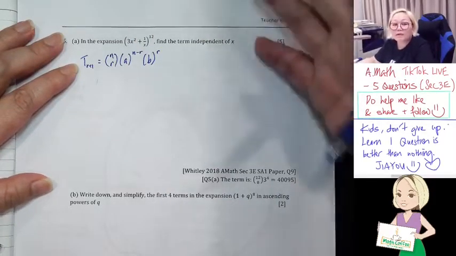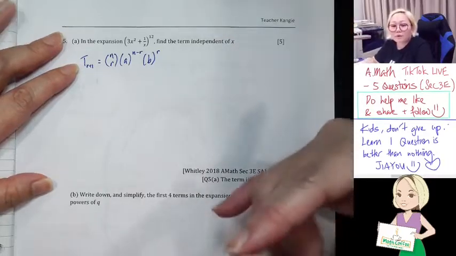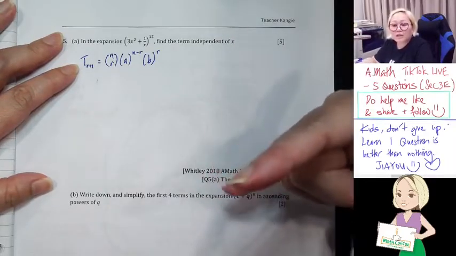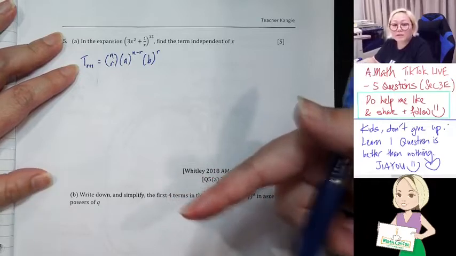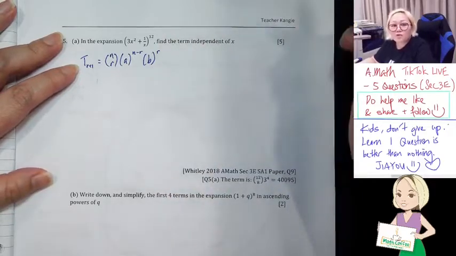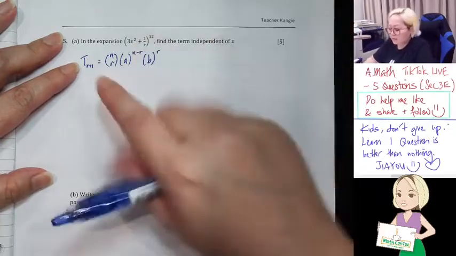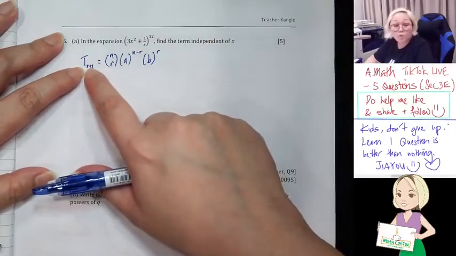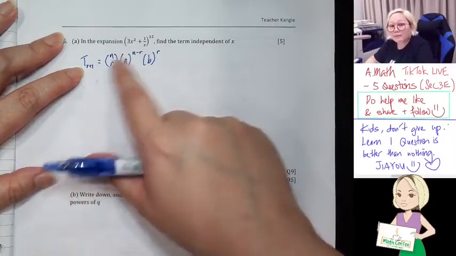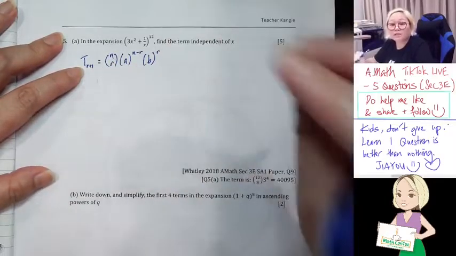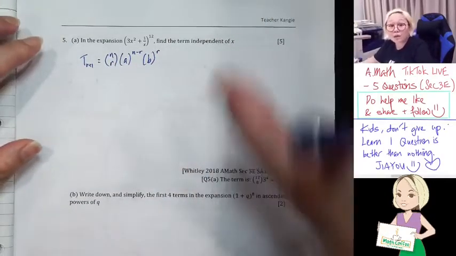I'm teaching in Singapore, so this is the Singapore syllabus. This is the general term. If I want to find the fifth term, my r is to be 4, so 4 plus 1, and I substitute and then find my fifth term. This is the formula to find a particular term you want.